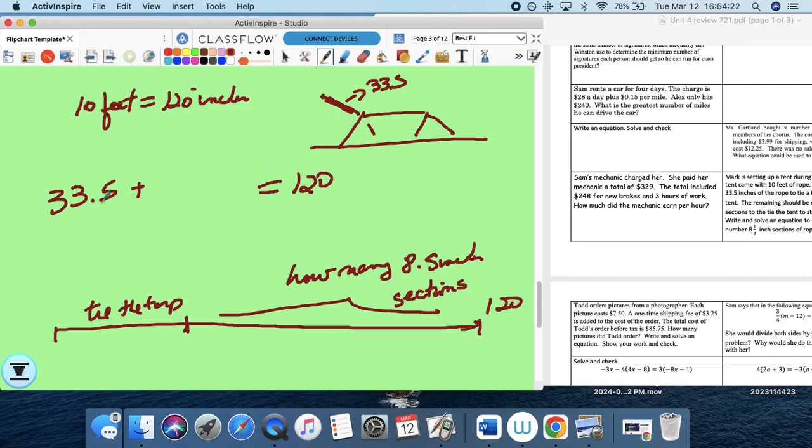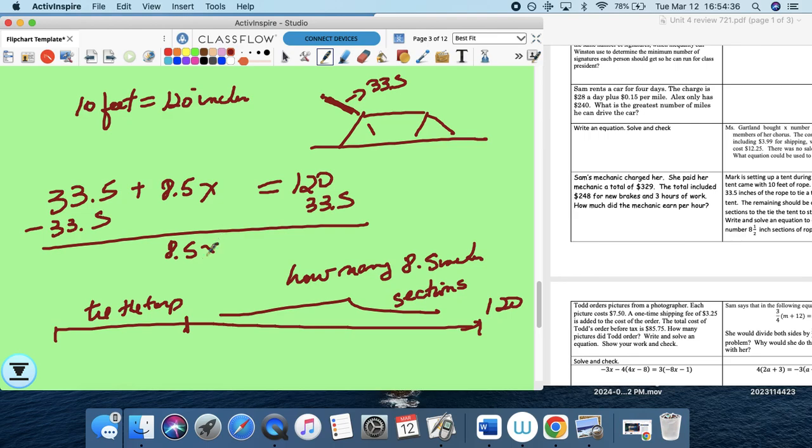So 33.5 plus 8.5x equals 120. Let's subtract 33.5, subtract 33.5, and we get 8.5x equals 120 minus 33.5 equals 86.5.